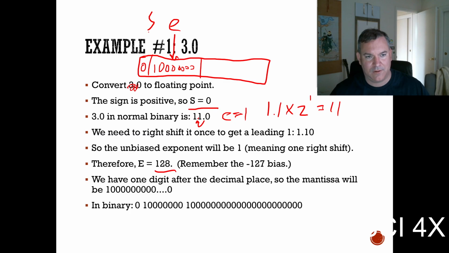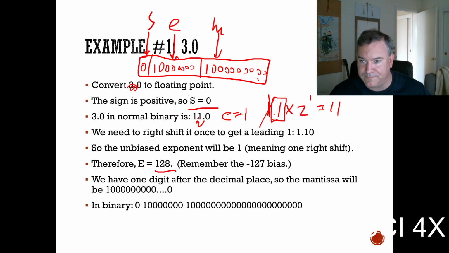The sign section looks like that. And then the mantissa is everything after the decimal. So it's 1 and then all the trailing zeros, 22 zeros. And that is what is written to disk.